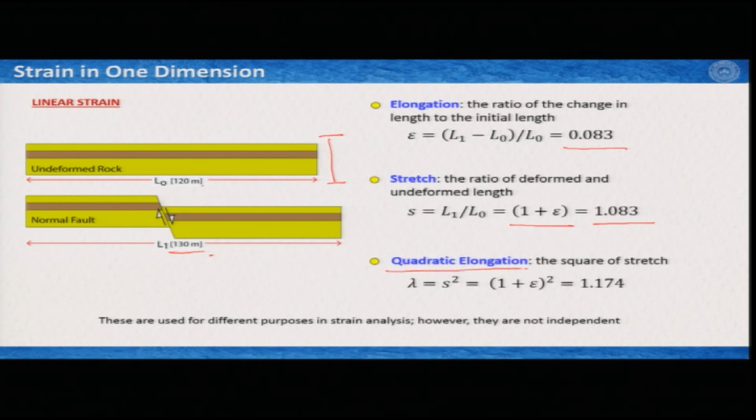And quadratic elongation is nothing but the square of the stretch, and in our example this is 1.174. As you can see, these 3 parameters are not independent. If I know one, then I can also get the other two parameters very easily. However, they are used for different reasons and different purposes in analyzing strain.